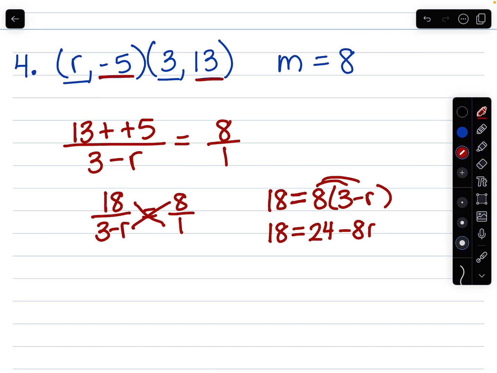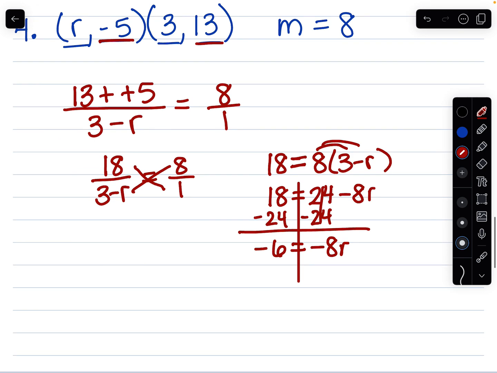Gabe, do you know my next step? Subtract 24 from 18. Good. Subtract 24 from both sides. So we get negative 6 is equal to negative 8r. Don't forget to bring that negative down with it. All right. And what's my last step, you guys?